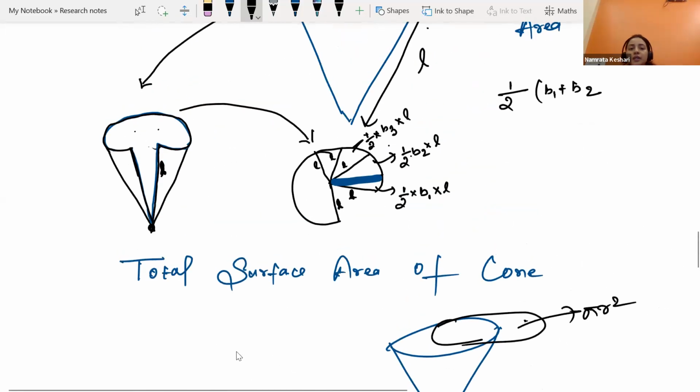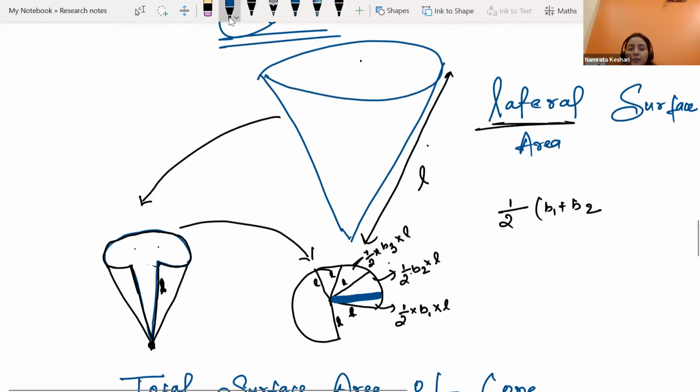Now think about it. If you keep on adding, let me take a yellow color marker, this base 1, then base 2, then base 3, then base 4, then base 5, then base 6, then base 7, then base 8, are we talking about the circumference of the circle?